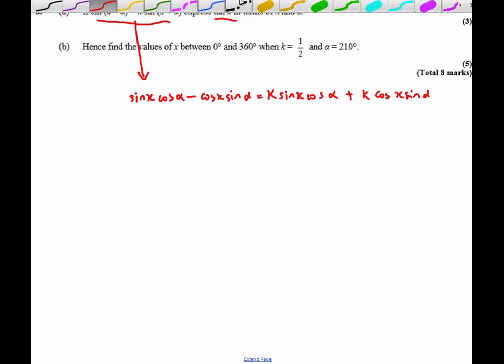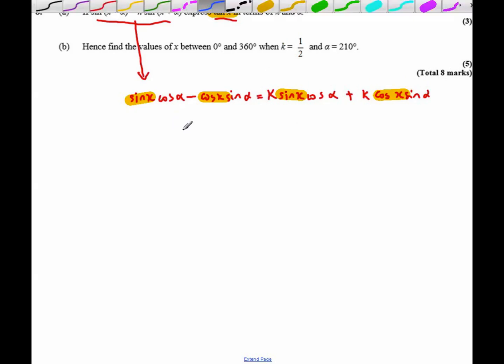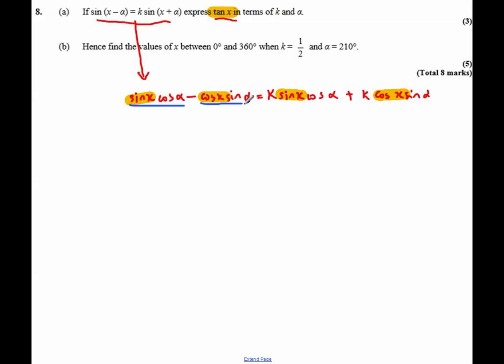If you look at this, we've got some sines and some cos x's, and we want to get some tan x's. The only thing I'm allowed to do is to do the same to both sides, or do the same to every term. In order to get rid of the cos's and turn the sines into tans, the only sensible thing is to divide everything by cos x.